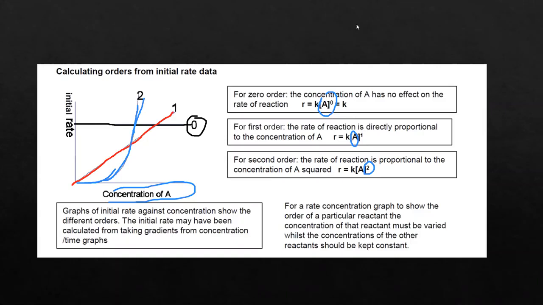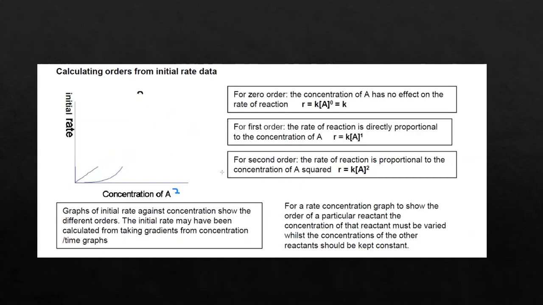But if I change the labels here, for example, if I'm plotting a graph for concentration square, as a second order reaction is there, if I'm plotting a graph for concentration square and initial rate, in that case we should have a straight line which is passing through the origin for second order, because this is a concentration square.